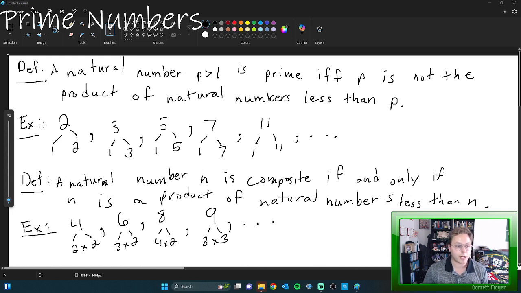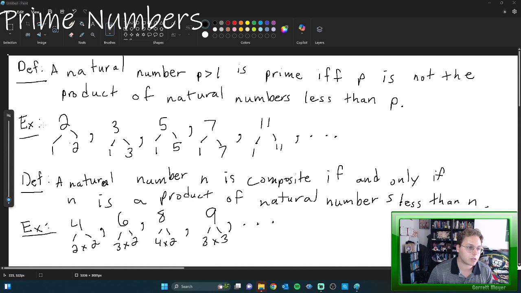One thing that you might notice right away is that the only even number that is prime is 2. This is because all the other even numbers, by definition, are products of 2 and another number that is also less than that even number.